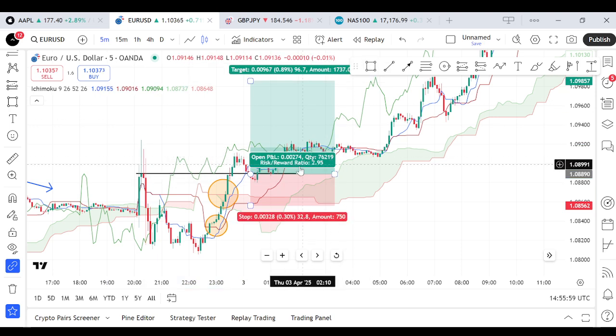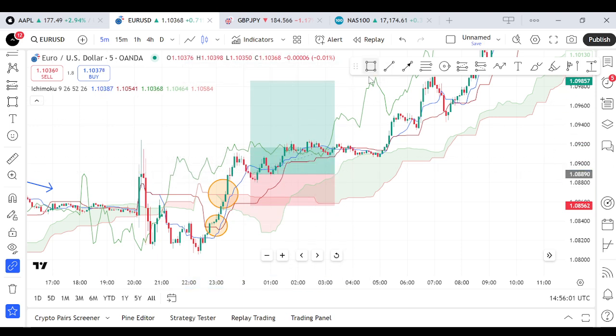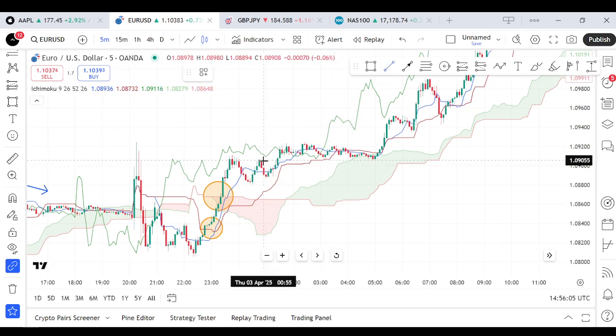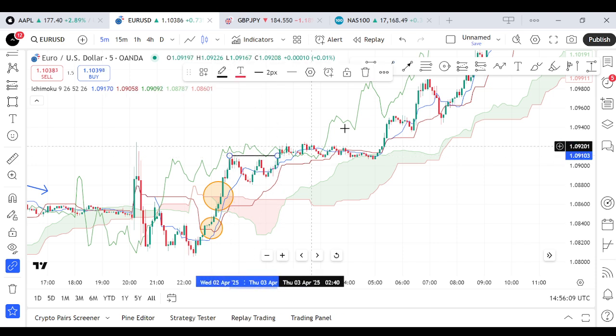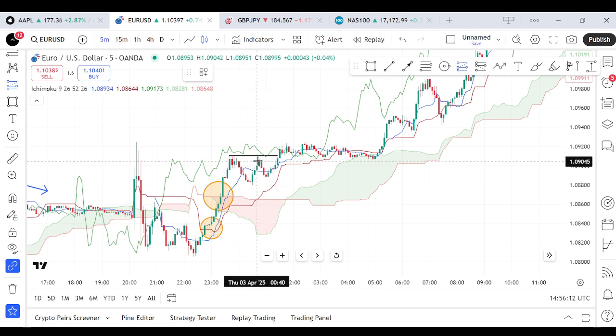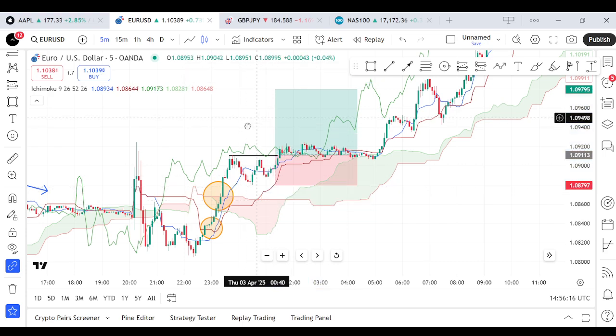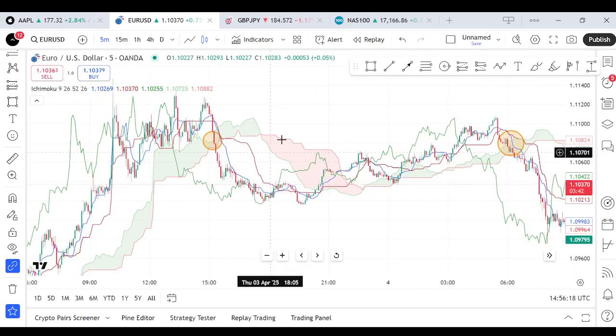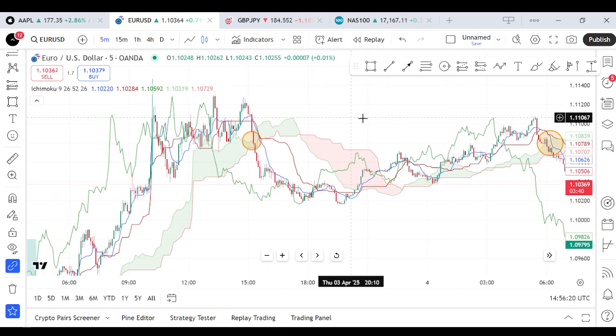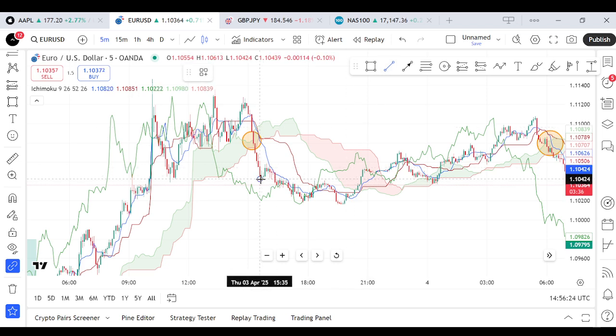If this is too complicated for you, you could just use the normal market structure shift, which I advise most traders to use. We have a break above this high, which is the normal break of structure, and place our trades here, stop loss below this low, and take profits all the way. And for short trades, you can see this one, we had the market structure shift here.